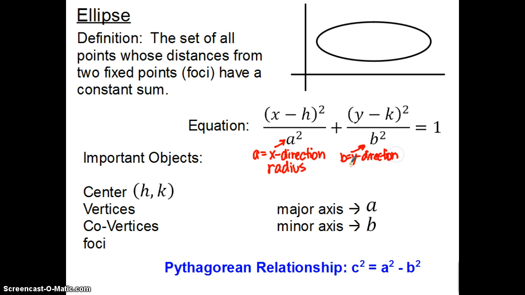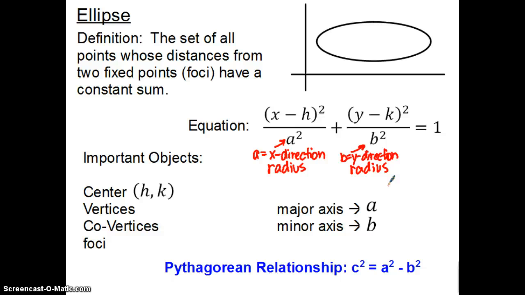Now, with a circle that we looked at yesterday, your x direction radius and your y direction radius were the same. When you graphed a circle, you plotted the center, and then you counted to the right and to the left and up and down from your center the exact same amount, and that's how we end up with a circle. With an ellipse, those x direction radius and y direction radius numbers are not going to be the same. If they are the same, then what we're dealing with is a circle. So those are going to be different numbers for an ellipse.